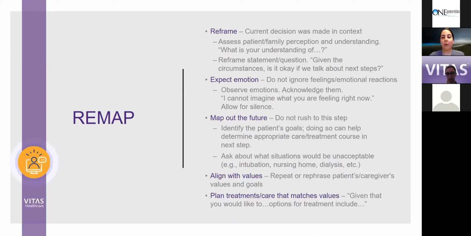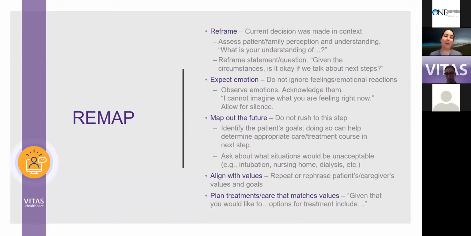A is for aligning with values, repeating or rephrasing the patient's or caregiver's values and goals. So making sure that you're conveying back to them, this is what you're hearing are the most important things to them. You know, Mr. Smith, I heard it's very important for you to get to your daughter's wedding next month. Maybe even providing some suggestions, like, we don't know what tomorrow will bring, but maybe it would be a good idea to talk to your daughter about having some kind of private ceremony with you present, because we don't know what's going to end up happening.